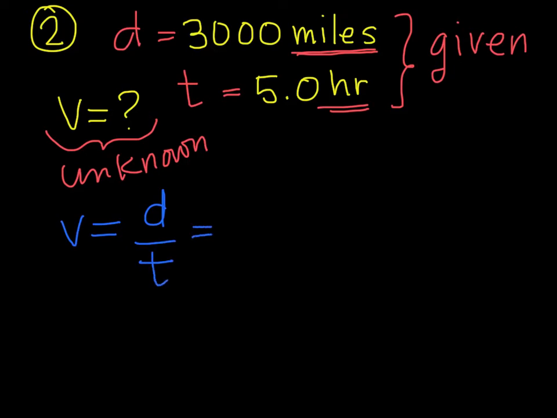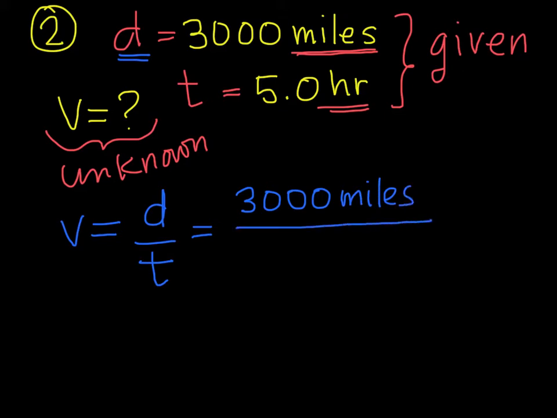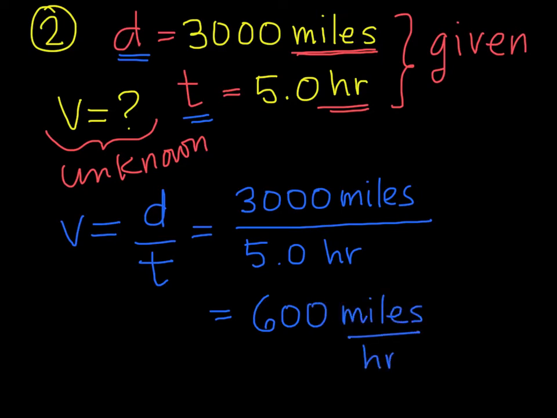So my distance is 3,000 miles divided by my time is 5 hours. Divide that. That means that the plane traveled 600 miles per hour.